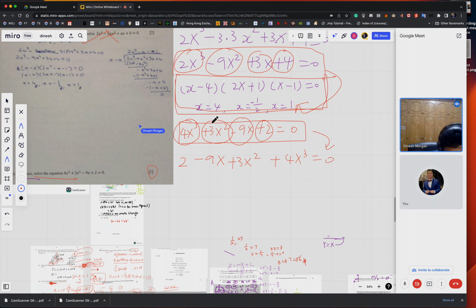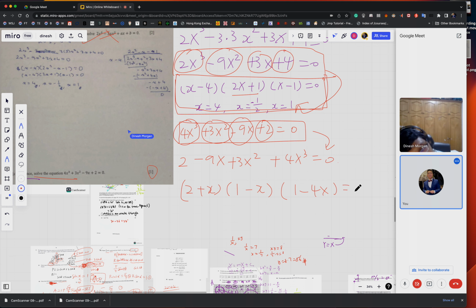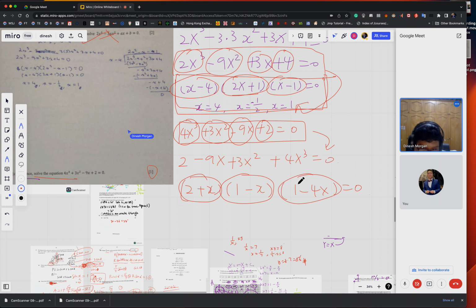So 2x plus 1 is actually 2 plus x. Then this is 1 minus x. Then this is 1 minus 4x. Does this make sense? Yep, yes. This is minus 2. Then this is 1.